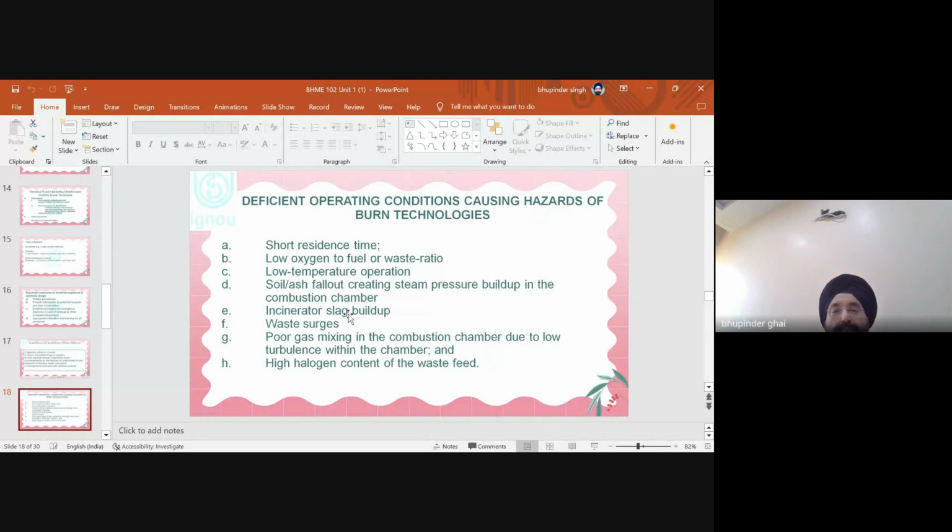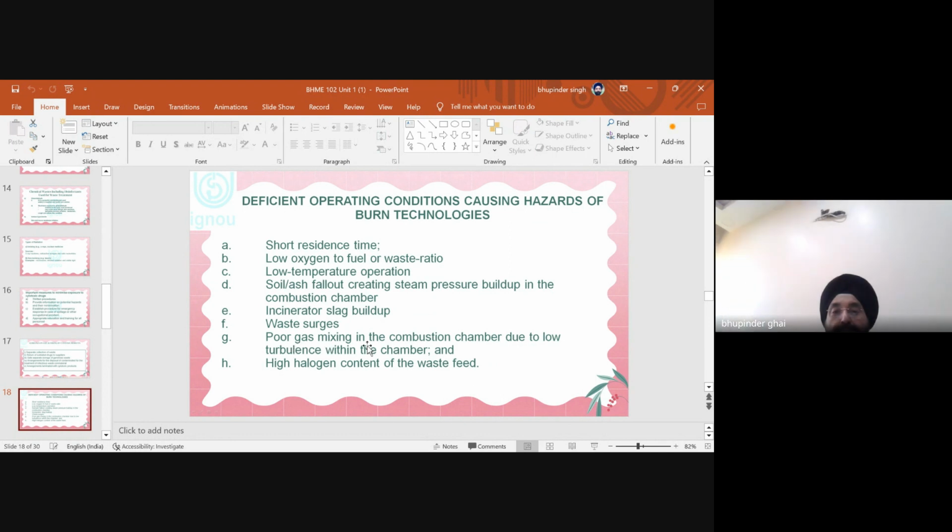Then there is incinerator slag buildup. Slag is also an end product after the biomedical waste is burned. So if there is more slag inside the incinerator, it will cause more production of toxic gases. Likewise, waste surge is also the same.